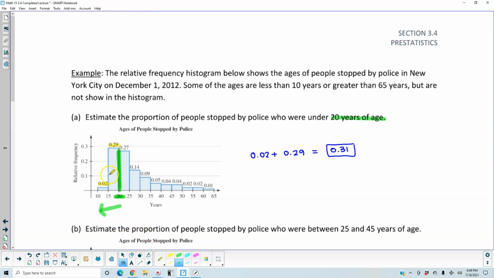The top of the bars represents the frequency. Between 10 and 15, the frequency is 0.02. And between 15 and 20, the frequency is 0.29. So if we add them together, 0.02 plus 0.29 gives us 0.31, that is the proportion of people stopped by police who were under 20 years of age.